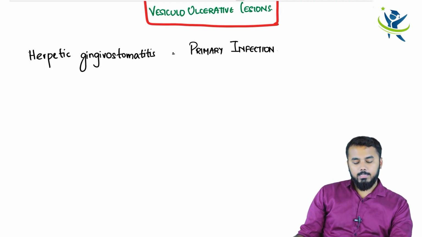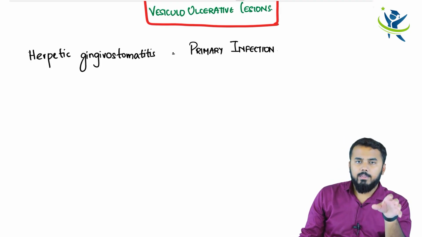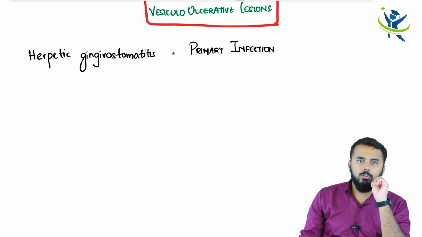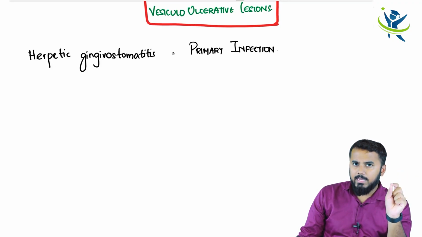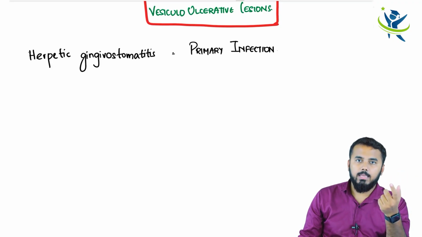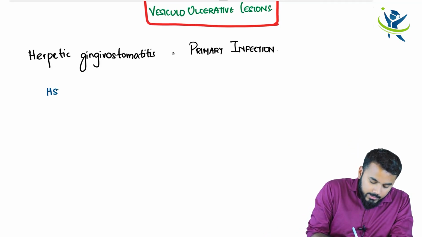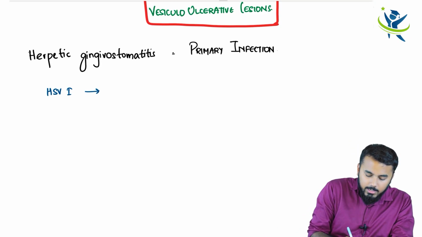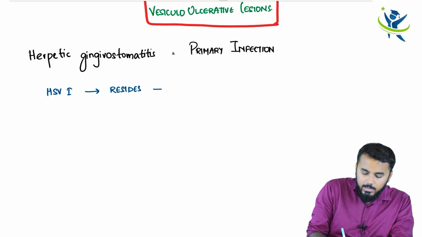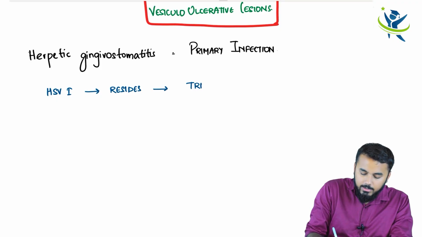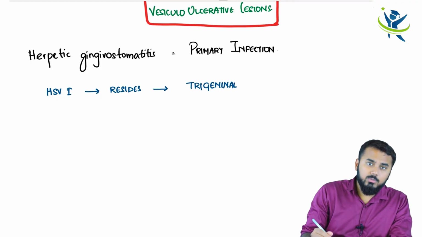Another important thing is, where will this virus HSV-1 reside in your body? This virus mainly resides in the trigeminal ganglia. You know how the trigeminal ganglia is formed, guys?